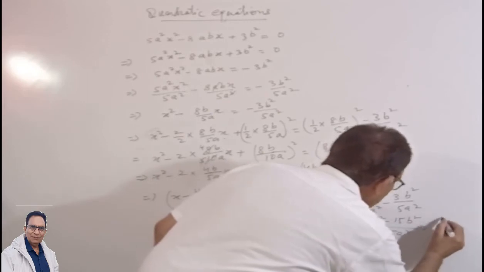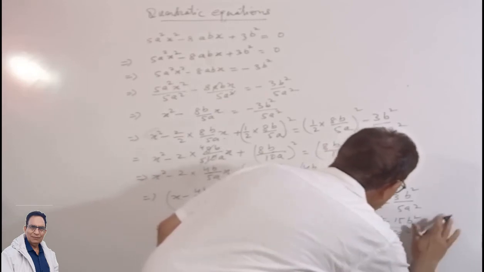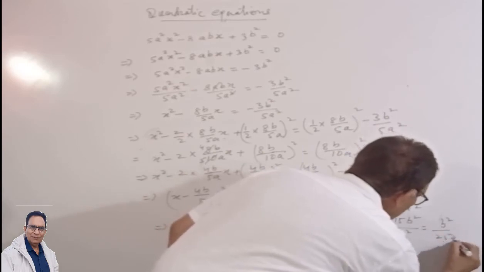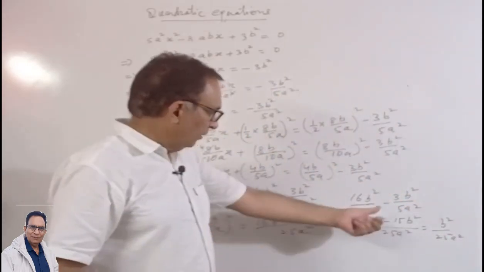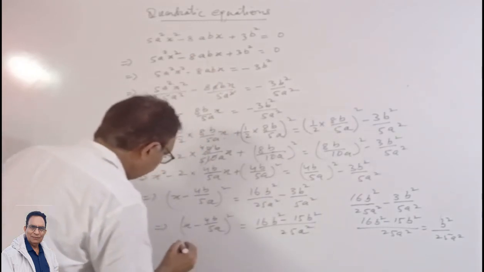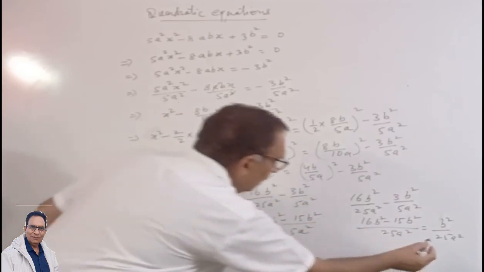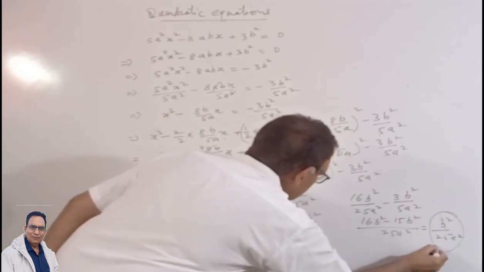So it comes to be b square over 25a square. Is it not? So writing this is okay, this is equal here.